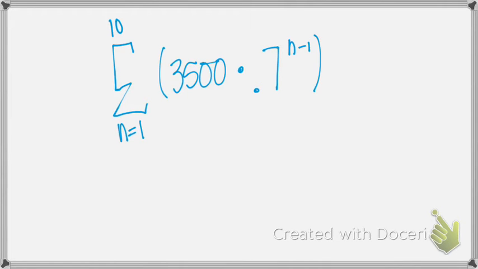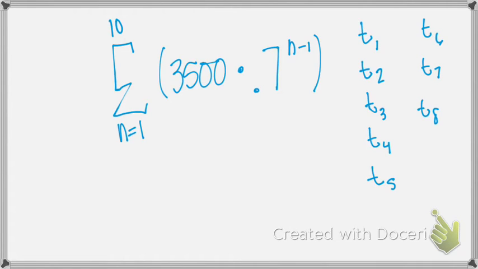Okay, I'm expanding it all the way out. I've got a T1, T2, T3, T4, T5, T6, T7, T8, T9, and a T10 because I have that many terms. Now, I want to know how to do this very quickly without having to do that 10 times.